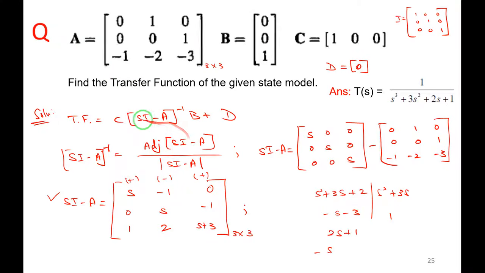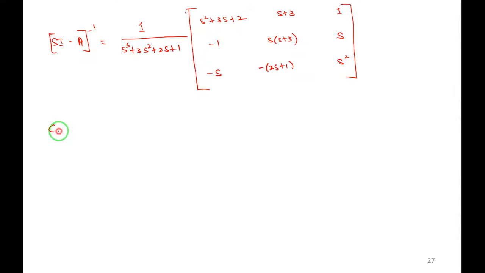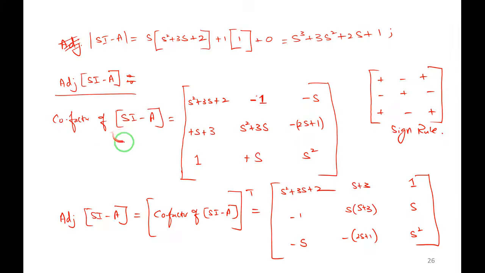But what we want, (sI minus A) whole inverse, I can multiply with C. What is matrix C? This one is C. So I can multiply with matrix C or matrix B. First we will multiply C into (sI minus A) whole inverse. C matrix is 1 0 0.